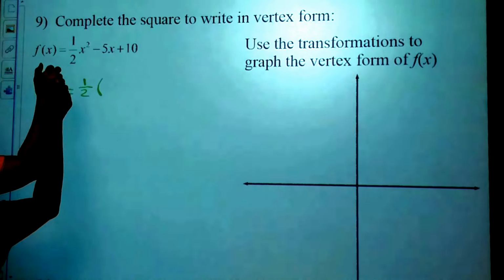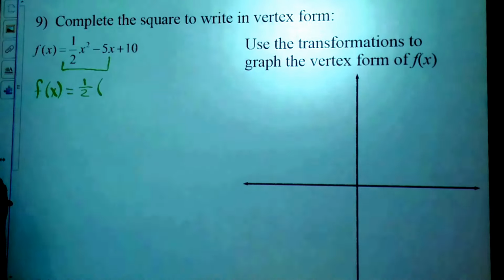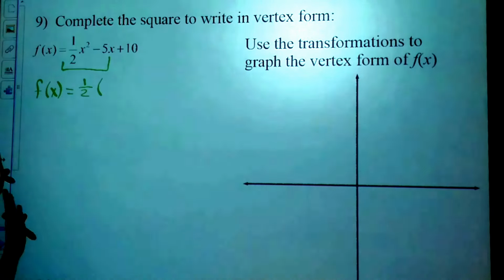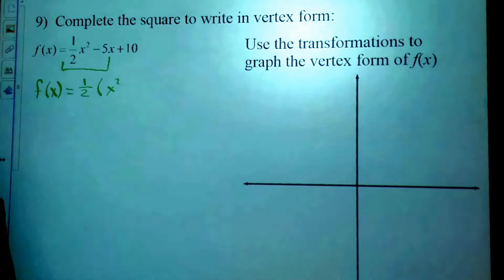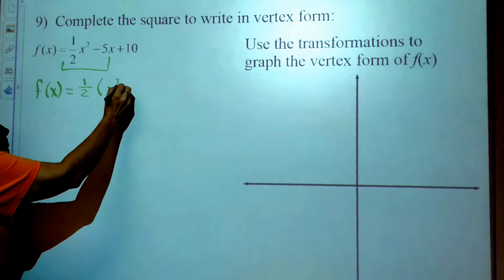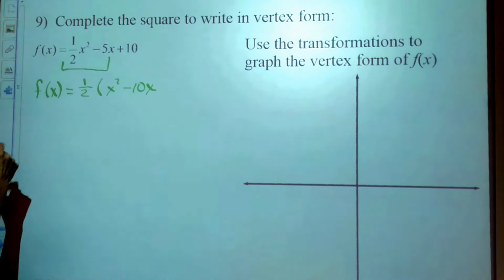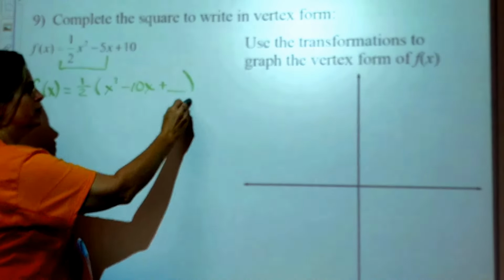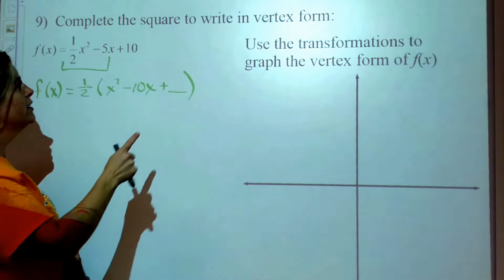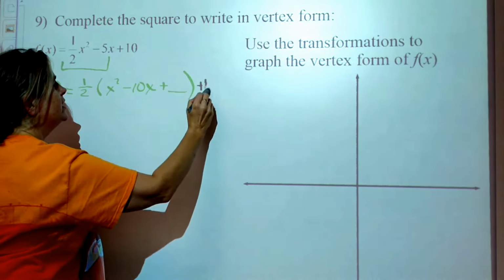So again, we're factoring 1/2 out of the 2x terms only. We don't touch that 10. So 1/2 times x squared gives me the 1/2 x squared. And 1/2 times a negative 10x will give me negative 5x. We're always going to put our little blank there so that we can complete the square. And go ahead and keep your plus 10 outside.